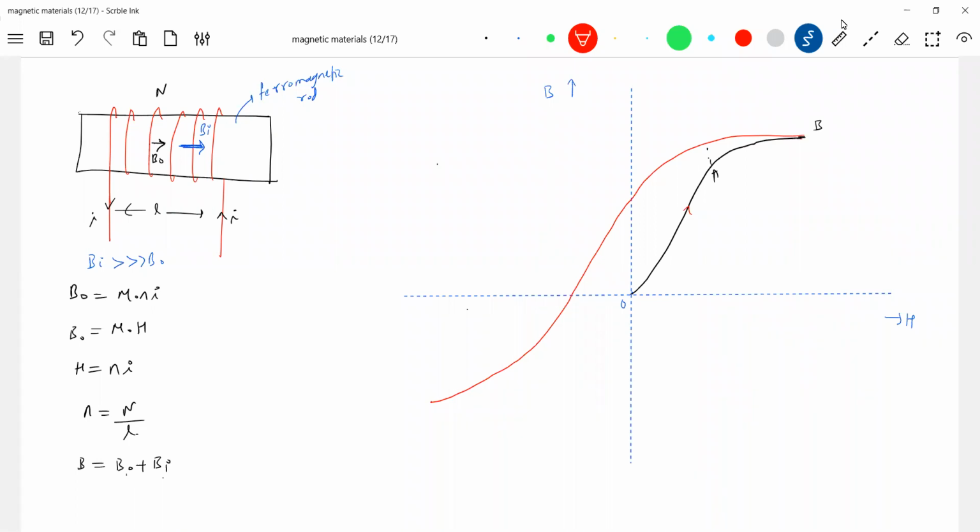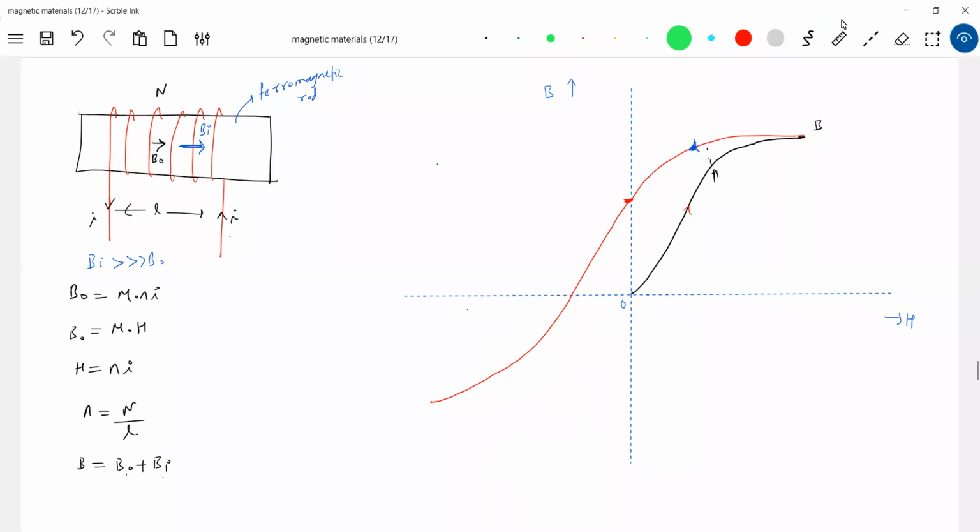So when H, when current through the solenoid has become zero, we do get some magnetic field still left over. So what does it mean? The substance got magnetized. It has retained some magnetization. So it will not retrace the path. We'll get a curve like this.